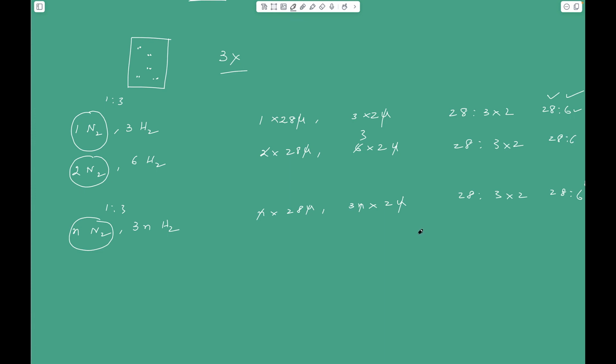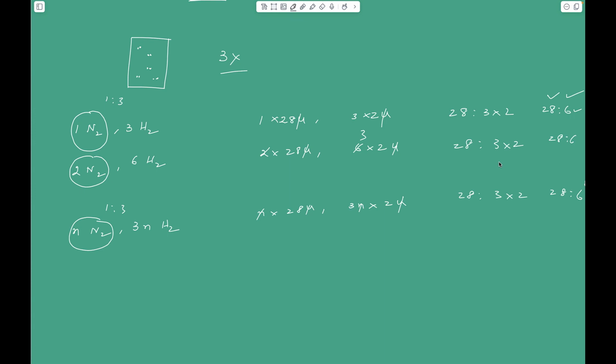So that means we are able to pick samples of nitrogen and hydrogen so that their molecules are in the ratio of 1 to 3 without actually counting the molecules. How did we do that? Just by making sure that their masses are in the ratio of 28 to 6.